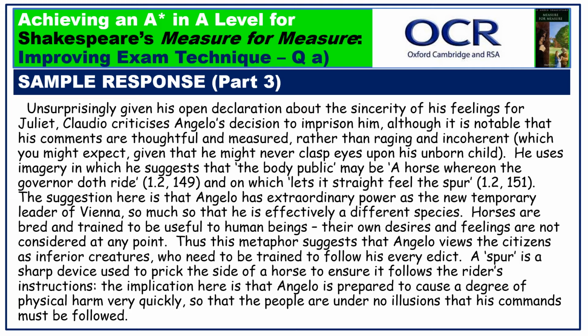Thus, this metaphor suggests that Angelo views the citizens as inferior creatures who need to be trained to follow his every edict. A spur is a sharp device used to prick the side of a horse to ensure it follows the rider's instructions. The implication here is that Angelo is prepared to cause a degree of physical harm very quickly, so that the people are under no illusions that his commands must be followed.